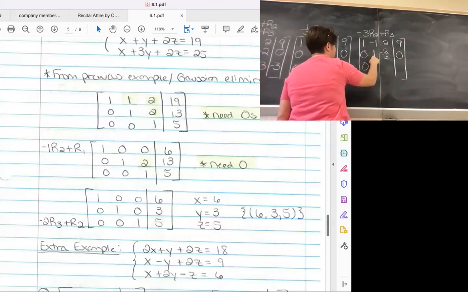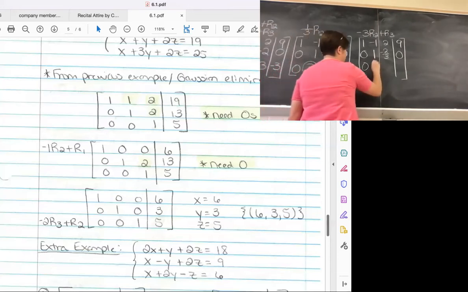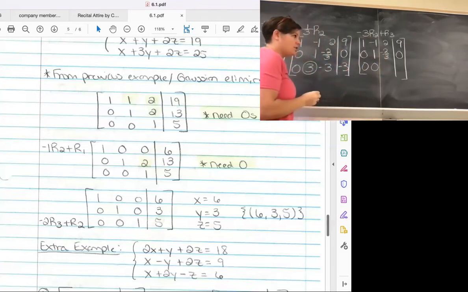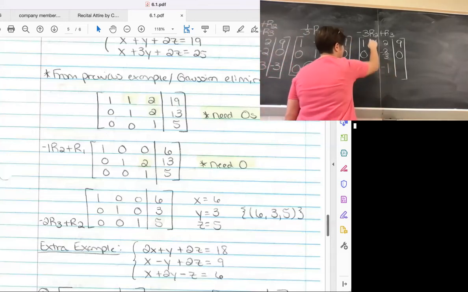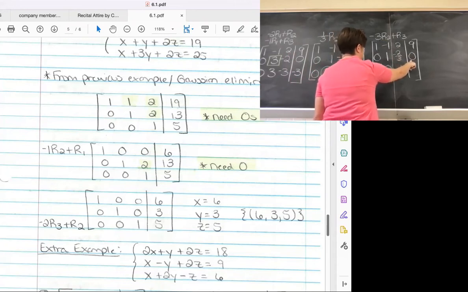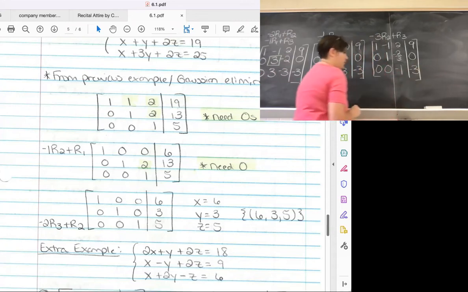Negative 3 times 1 is a negative 3. Add that to positive 3, I get 0. Negative 3 times a negative 2/3 is going to give me a positive 2. Add that to negative 3, and I get a negative 1. Negative 3 times 0 is 0. Add to that negative 3, you get negative 3.